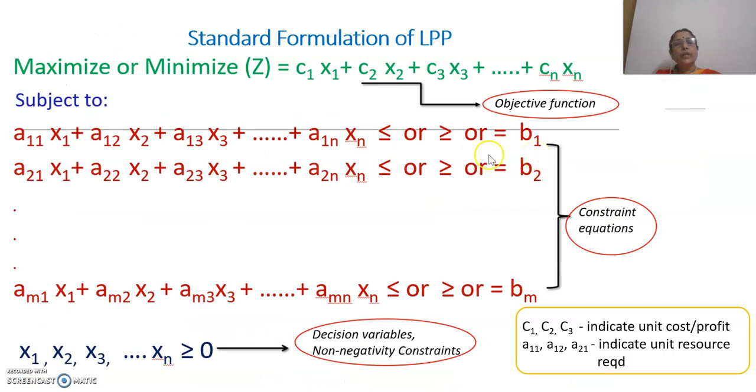We have these inequalities, either less than or equal to, greater than or equal to, or equal to. Appropriately we have to use the inequality depending on the constraint given in the problem.